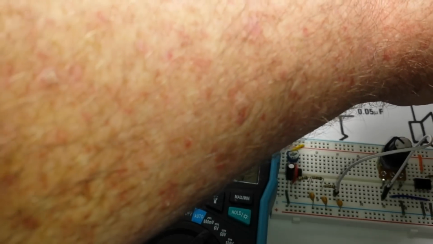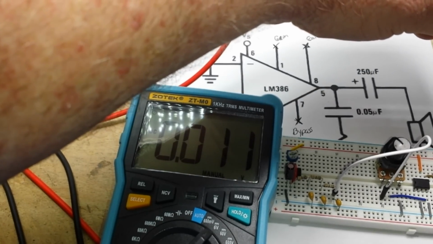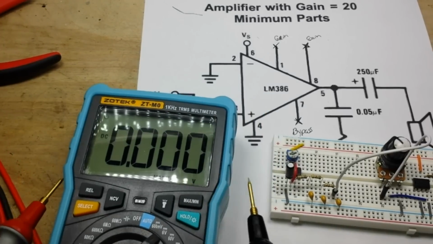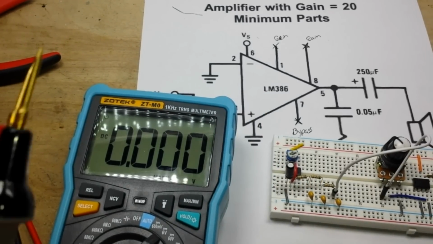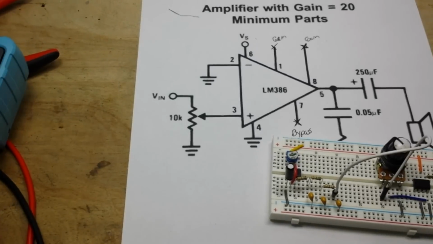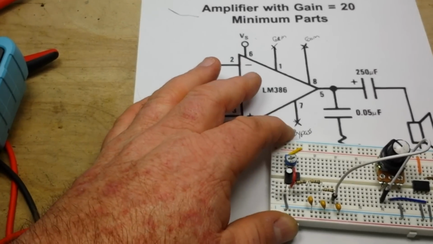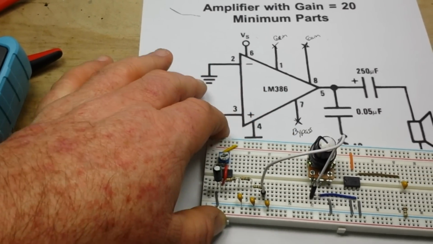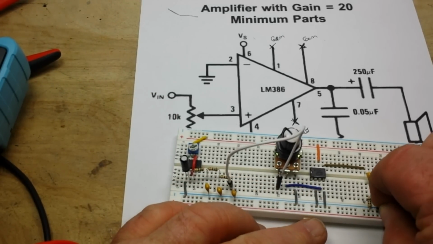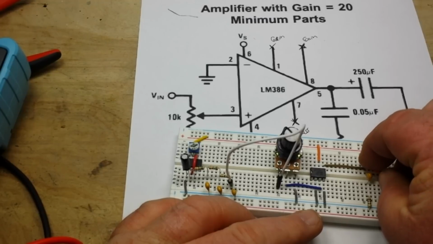This should actually be blocking DC, so shouldn't get anything at all here. We've got an offset here because this is actually a DC. Alright, just for S and G's, let's take out our blocking capacitor. But yeah, if it's blocking all of the DC, we're not going to hear anything.